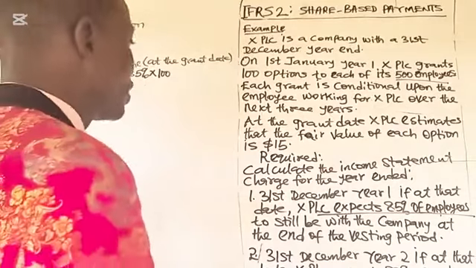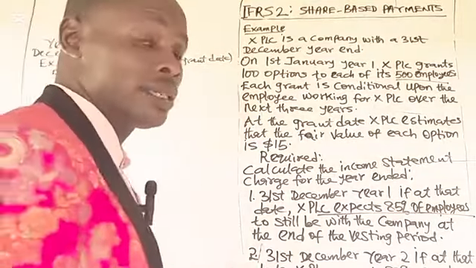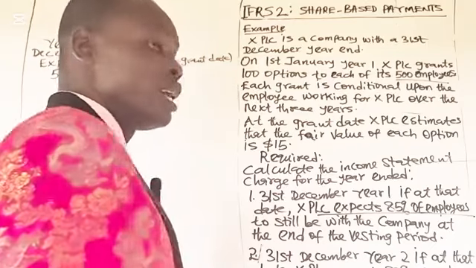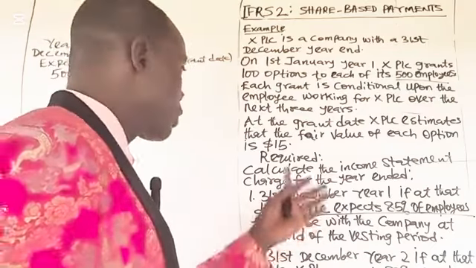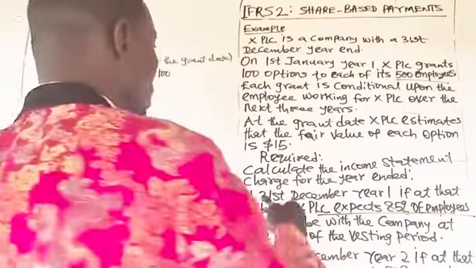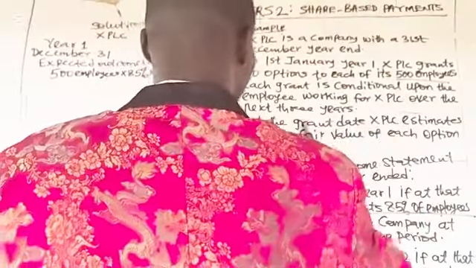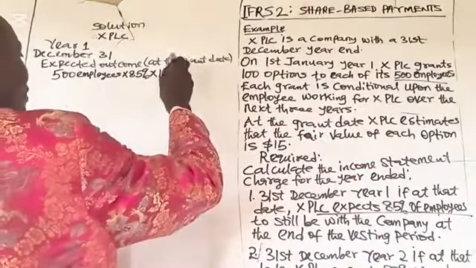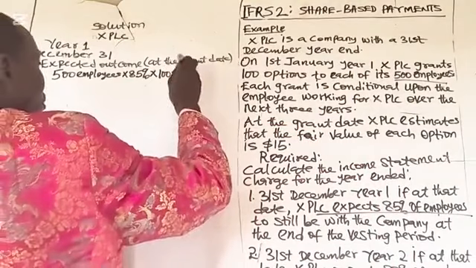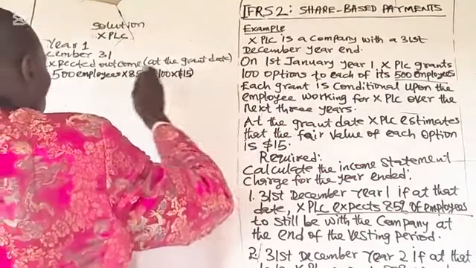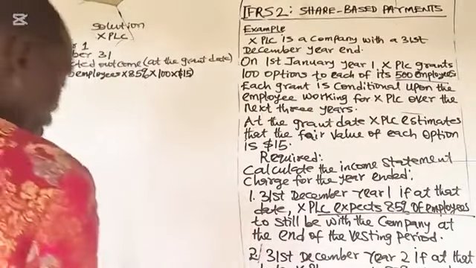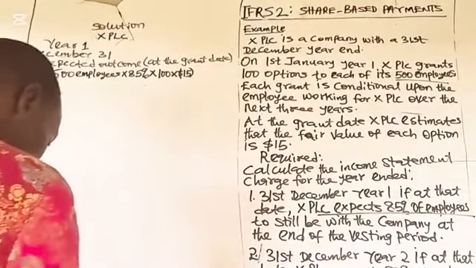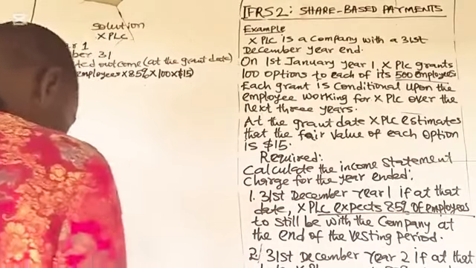I've told you the market price should be used. This question is obtained from the BPP ACCA study text, and this same question is in the ICAN study text. At the grant date, XPLC estimates that the fair value of each option is $15, so multiplied by 15. This will give you the amount that will be charged as an expense for the period.